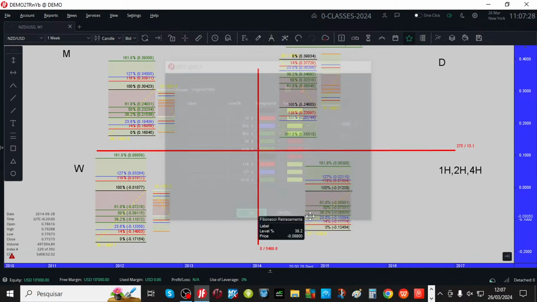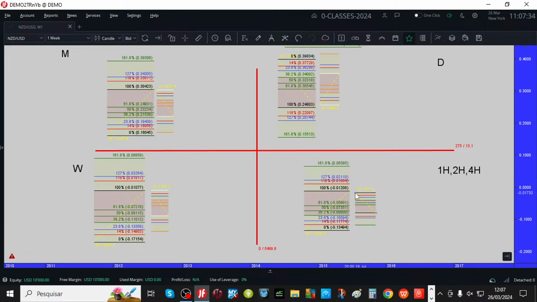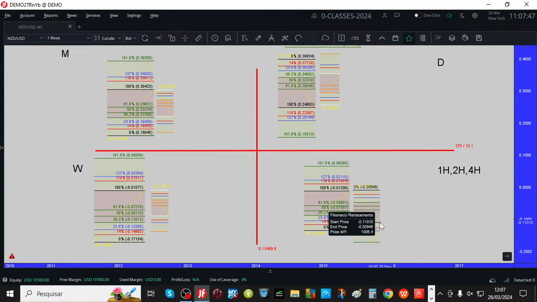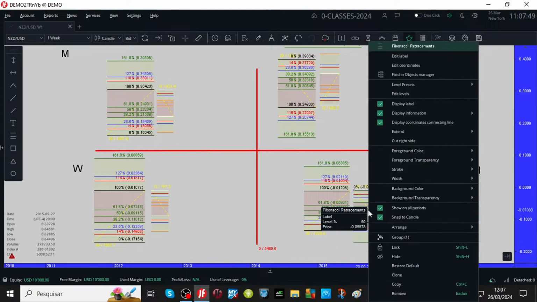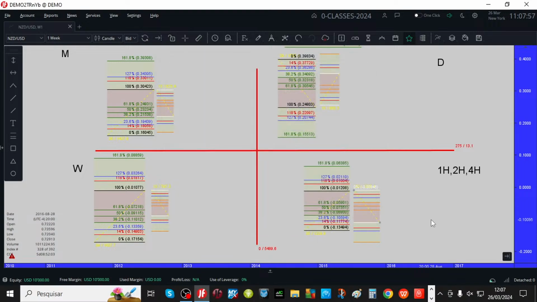Original one going up. And the contrarian. Give me a second. Edit levels. All right, there you go.